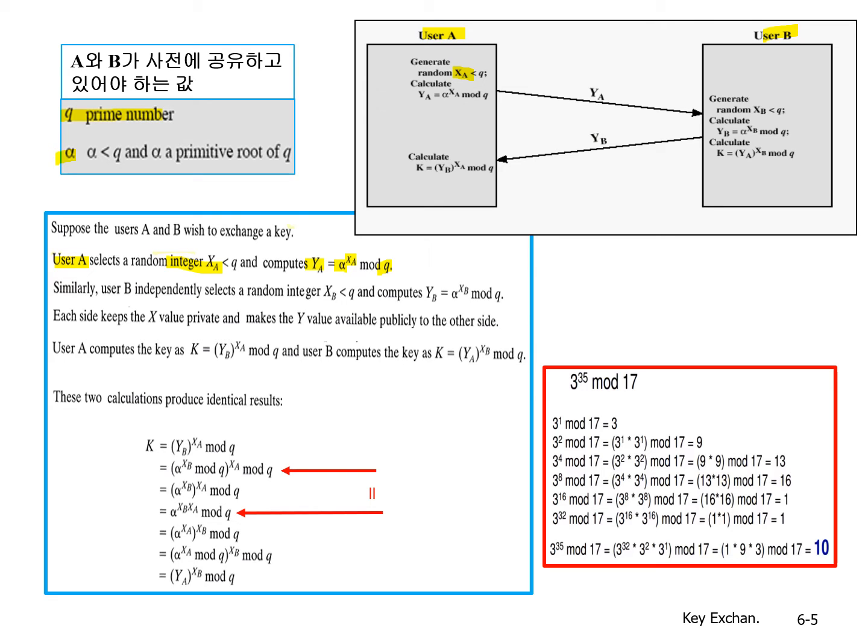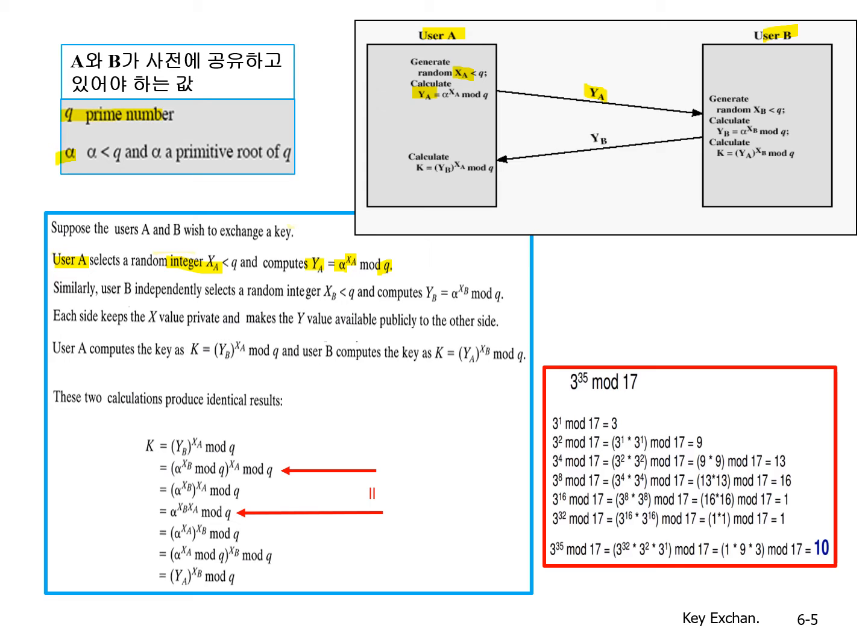A calculates YA and sends YA to B instead of XA.